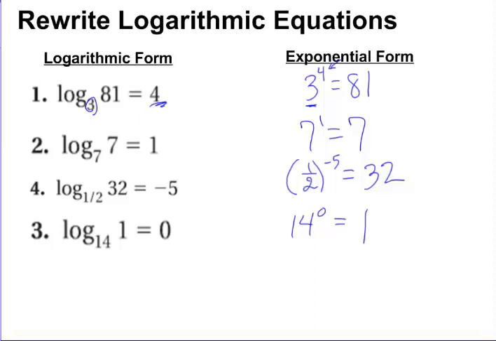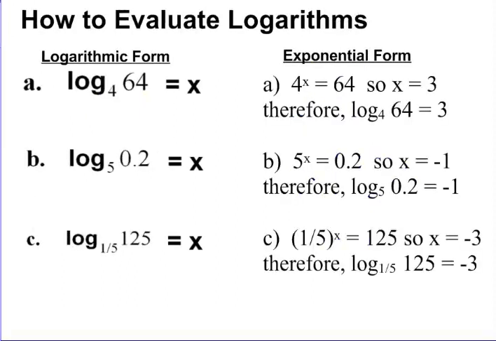All right. Next, let's look at how we evaluate logarithms. So when you're trying to find the answer to a logarithm problem, it's helpful to think of it in exponential form. So if I'm looking at A, log base 4 of 64, I want to find out what that's equal to. So you can rewrite it as an exponent.